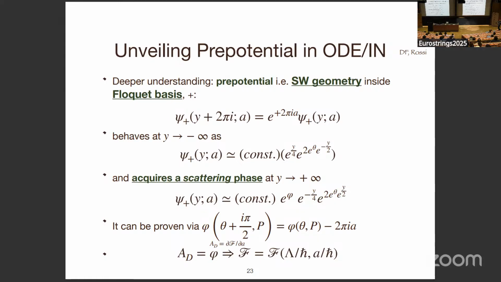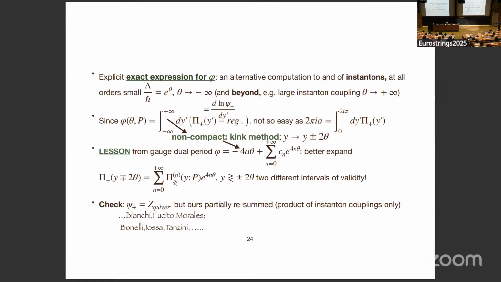It acquires similarly a phase. This phase, you can prove thanks to this functional equation and some tricks, is exactly the dual period. So it's the phase acquired transversally by the same Floquet function. So we have discovered more directly where the prepotential lives in this picture.